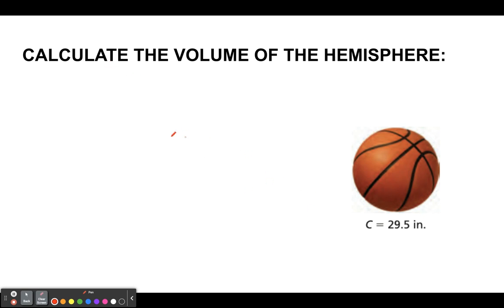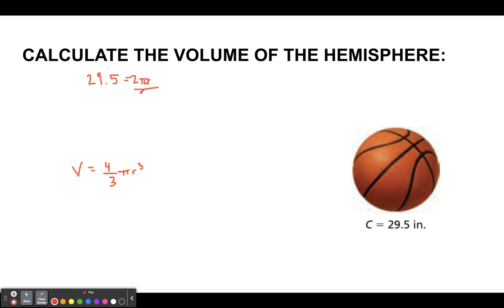In order to calculate volume, volume is equal to 4/3 pi r cubed. I still need to know my radius. Same thing from the last problem. I know my circumference is 29.5 because I didn't change the image. And that's equal to 2 pi r.